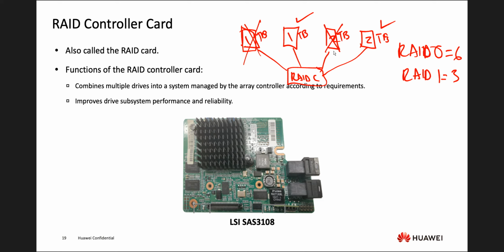And then obviously you have the software side, where you can do it also on your own PC if you didn't control the RAID from the controller. Right. So again, it combines multiple drives into one system, according to how you, as the administrator, will configure those drives, and that obviously improves your performance and reliability. As I mentioned, the mirroring part. There are other RAID levels that we'll go through, of which the highest, I think, is RAID 5.